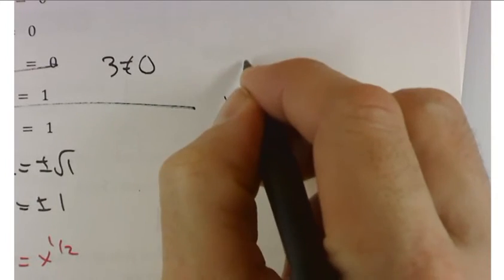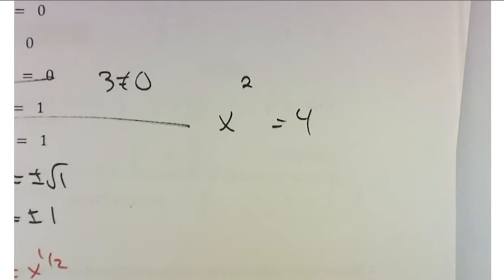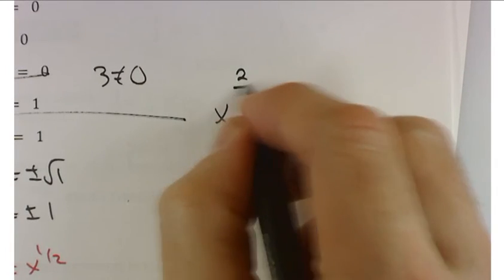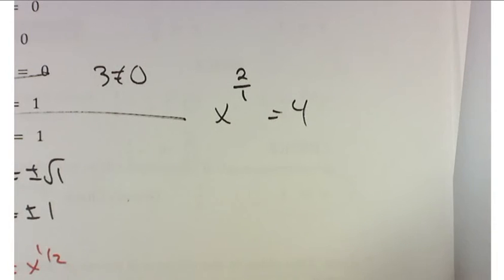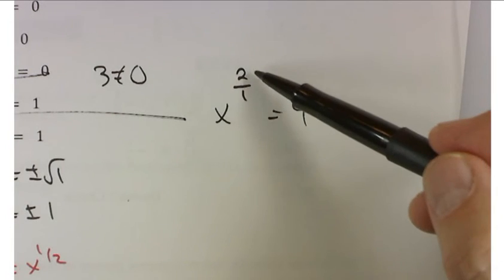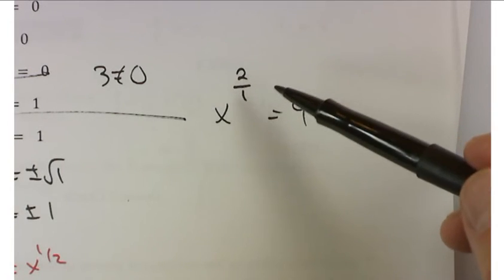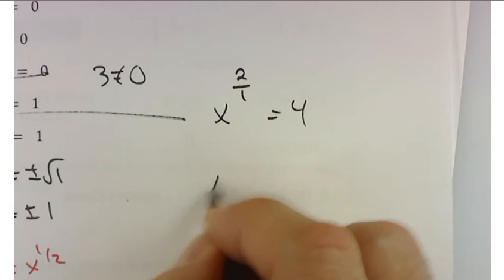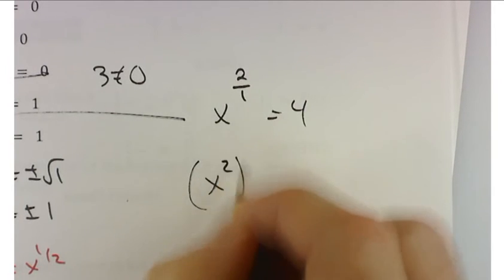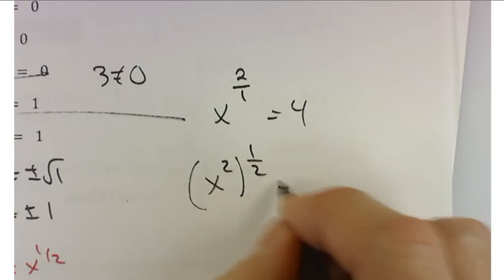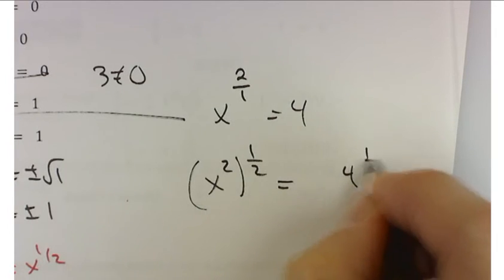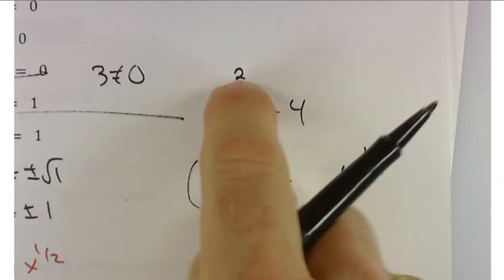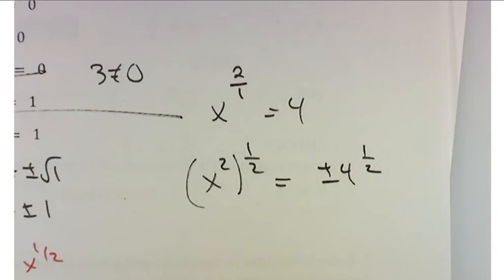X squared equals 4. You could think of the x squared as 2/1. And since 2 is even, that's where you need the plus or minus. So when you raise both sides to the reciprocal power, 1/2, 4 to the 1/2, because that's even, that's where you need the plus or minus.